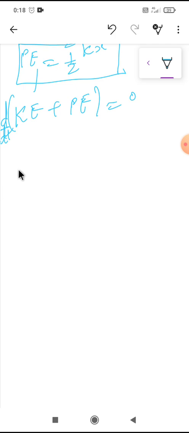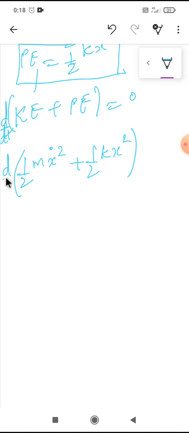So kinetic energy is 1 by 2 m x dot square, that is 1 by 2 mv square, plus potential energy 1 by 2 k x square. We are going to differentiate this with respect to time, so d by dt is equal to 0. Let's take the constant out. 1 by 2 m is out.